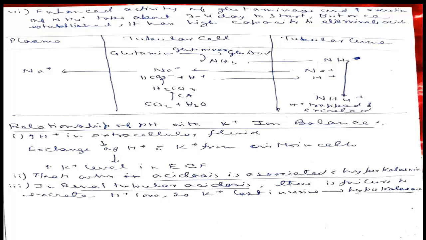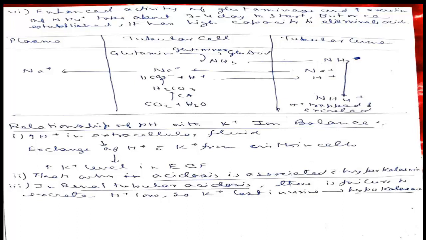Now, next we should remember that pH is interrelated with potassium ion balance. When there is increased H plus in extracellular fluid, the body's defense mechanism exchanges this hydrogen ion with potassium from within the cells. As a result, potassium comes out into the extracellular fluid and potassium level in plasma or extracellular fluid increases.